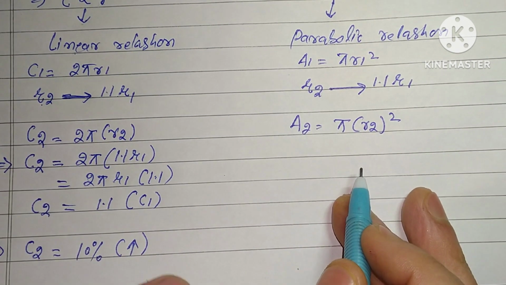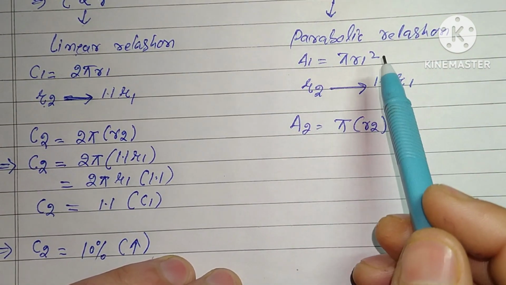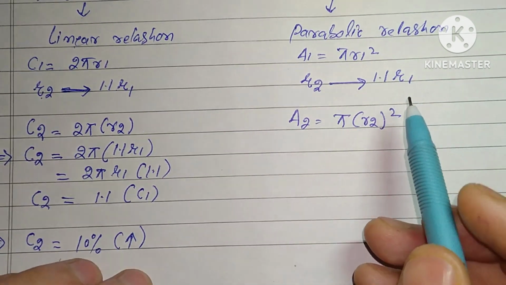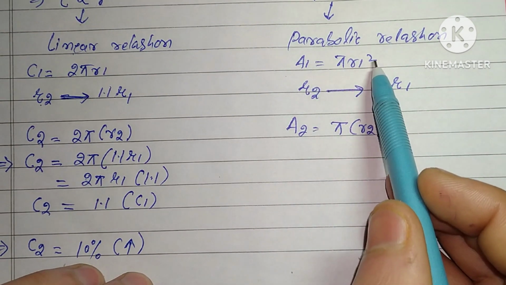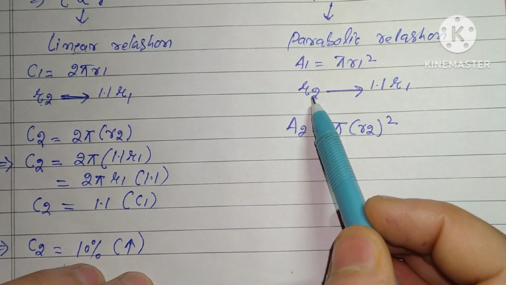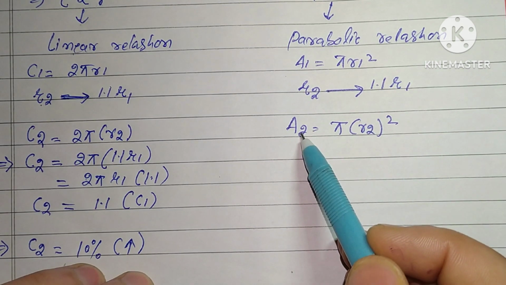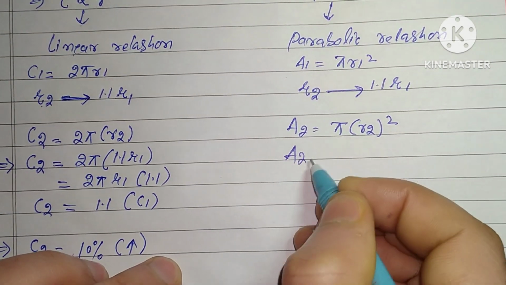Coming to the area. Area is not a linear relationship. So if radius increases by a certain percentage, area will not increase by the same percentage. Here the original area will be pi r1 square. If radius increases by 10%, it will be 1.1 times the original radius. Now the new area will be pi r2 square.